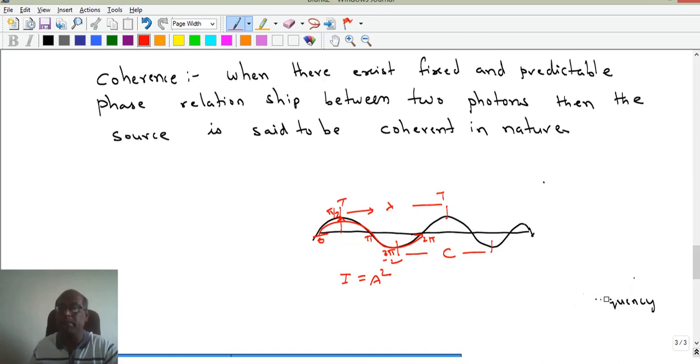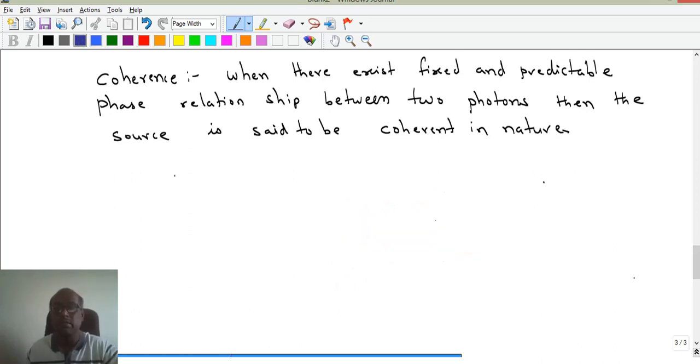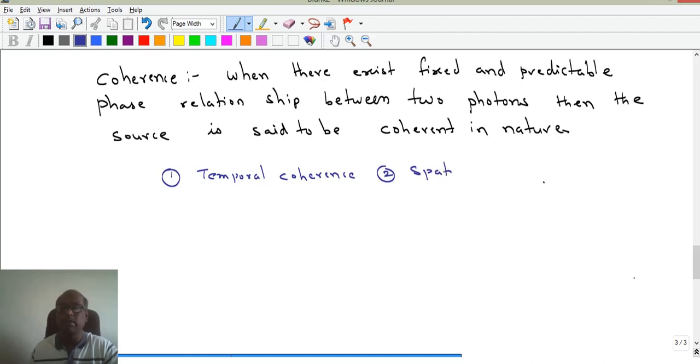Or in general words, if two waves maintain the same phase and same amplitude, they are said to be coherent in nature. Coherence is of two types. One is called temporal coherence, the other one spatial coherence.